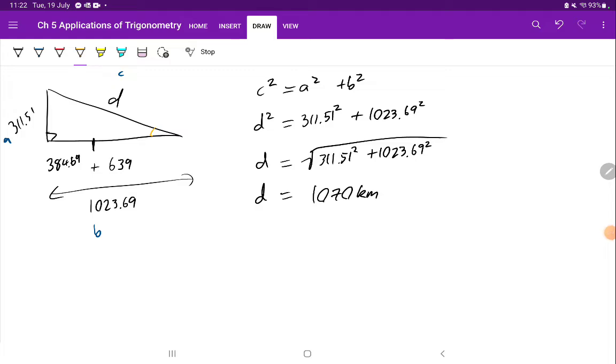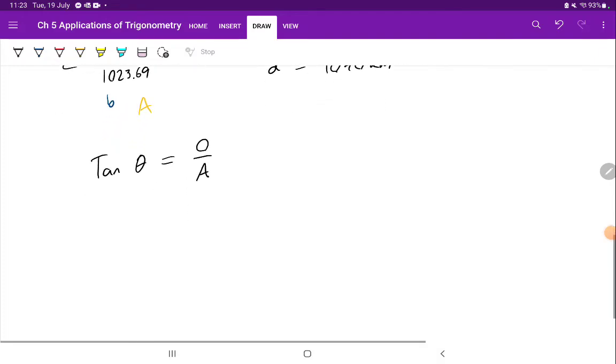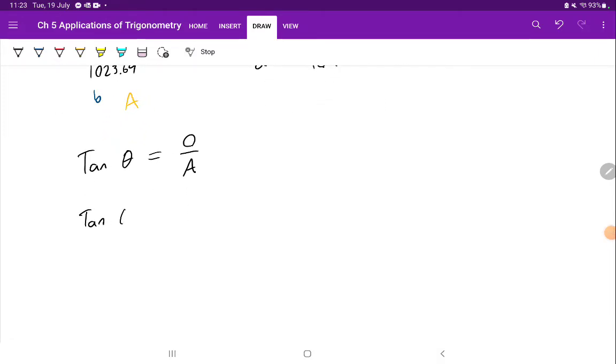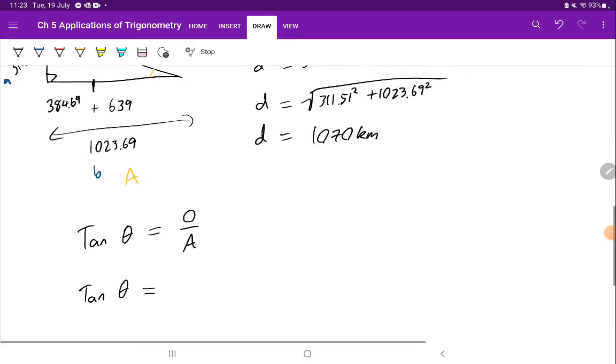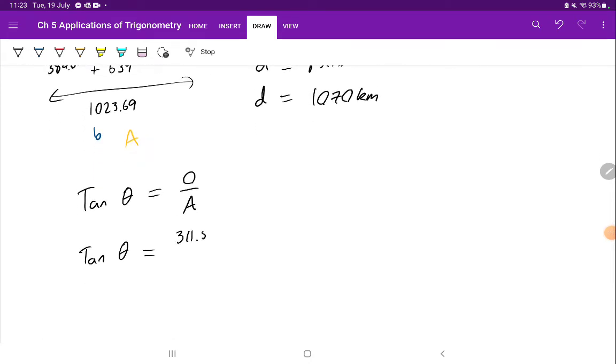So I'm going to be using tan. So tan theta equals opposite over adjacent. Remember we don't know what theta is, we're looking for it. Opposite is 311.51 over the adjacent, which is 1023.69.